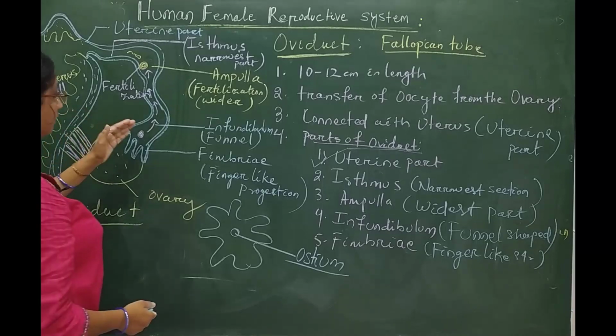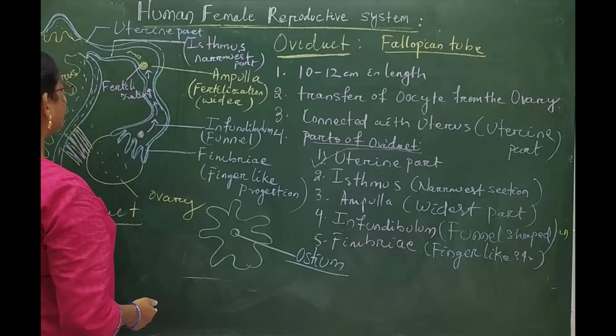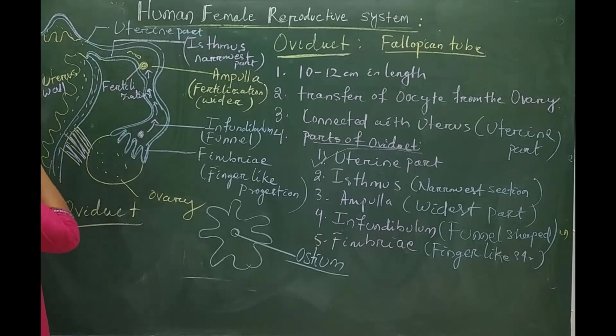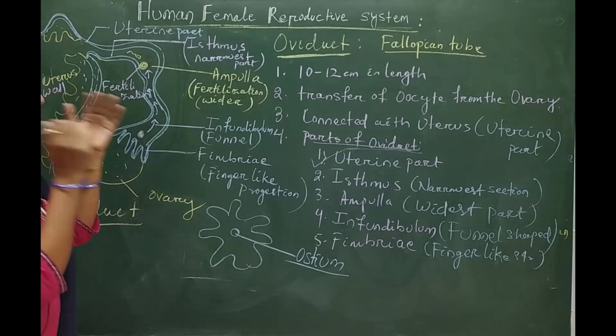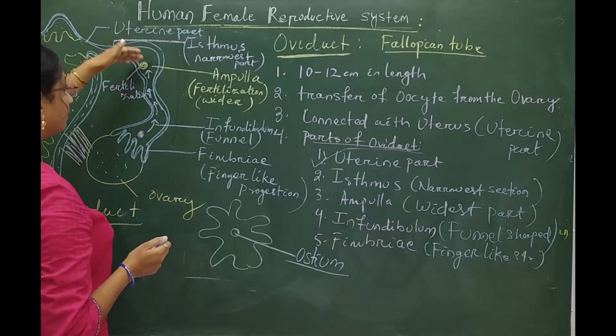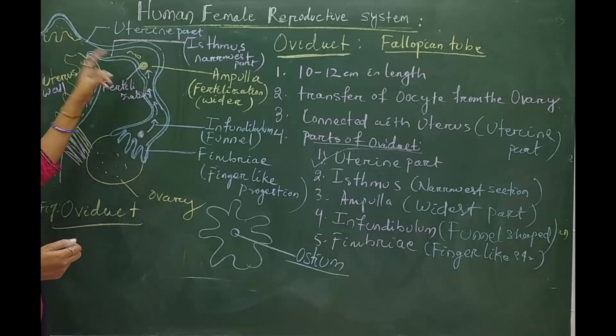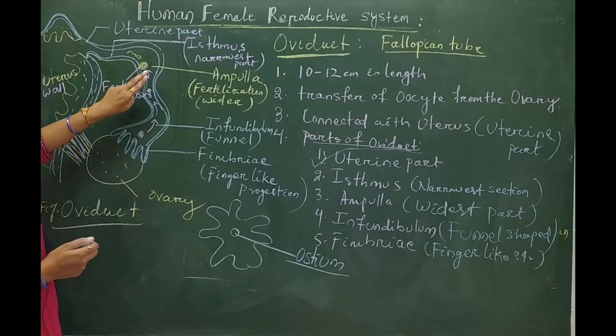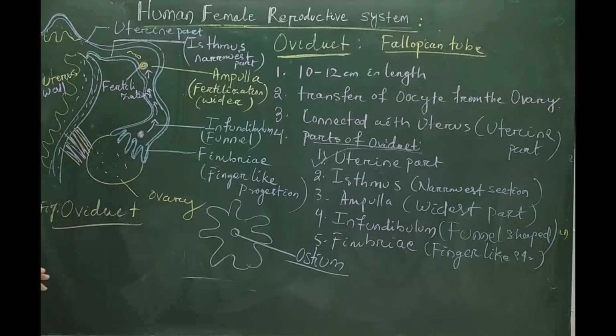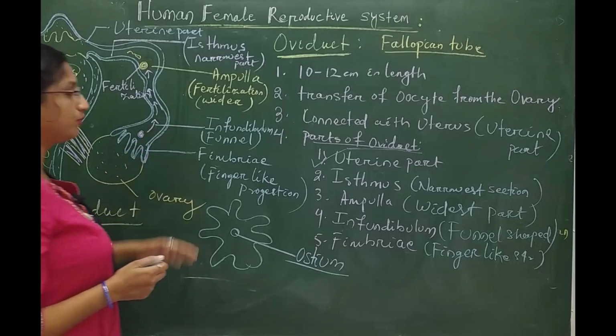So the oviduct is used to communicate the ovum with that of the uterus. And another most important function taking place over here is the fertilization or fusion of the two gametes inside the oviduct. So this is all about the structure of the oviduct.